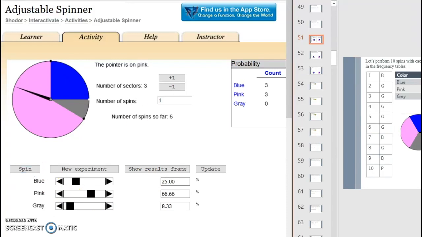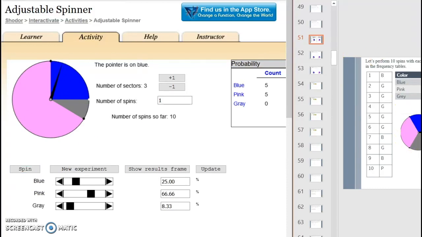A pink. Blue. A lot of pink and blues here. Pink. And blue, not a single gray.